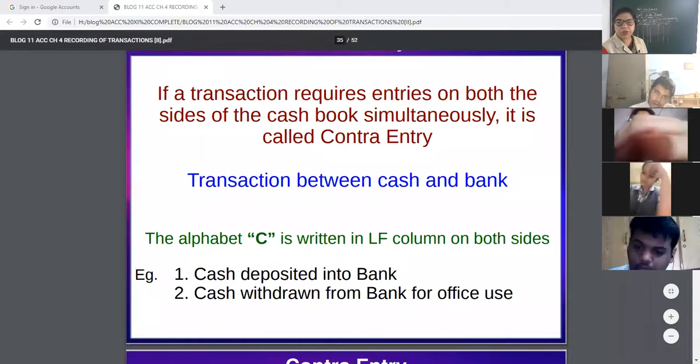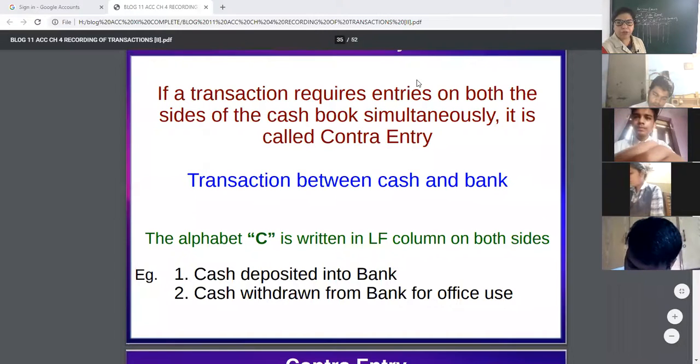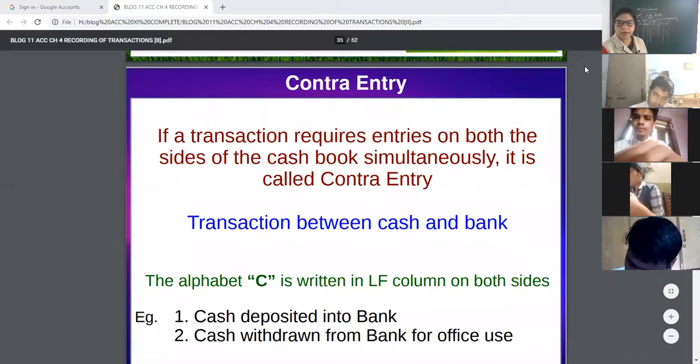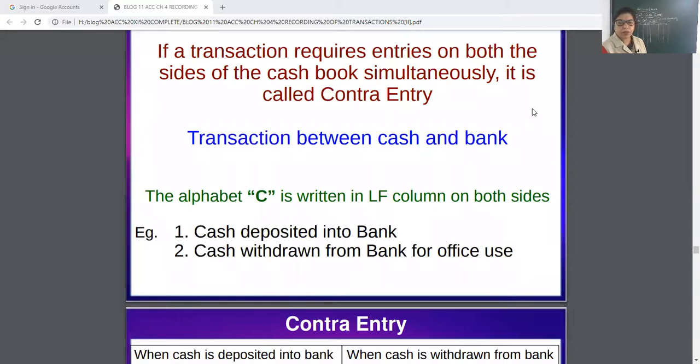Now, my dear children, we are on the main topic, that is contra entry. Contra entry means if a transaction requires entries on both the sides, it is known as contra entry.